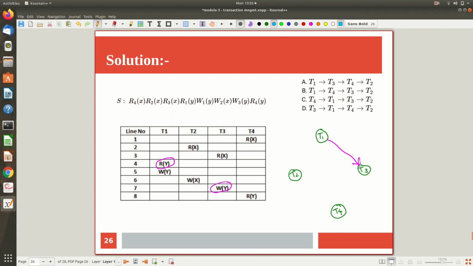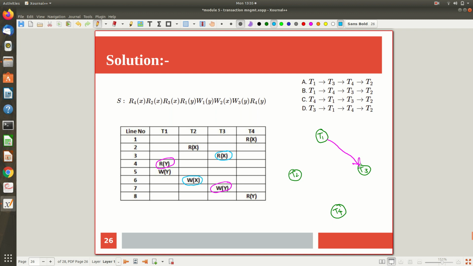So now what about T3? T3 R of x is here. Is there any conflict with T1? Following it, there is nothing happening on x, okay? So there is no conflict between T3 and T1. And now what about T3 and T2? Yes, now we have a conflict, and it is between this read operation R of x in T3 and, following this operation on T2, this write on the same data item, read x, write x.